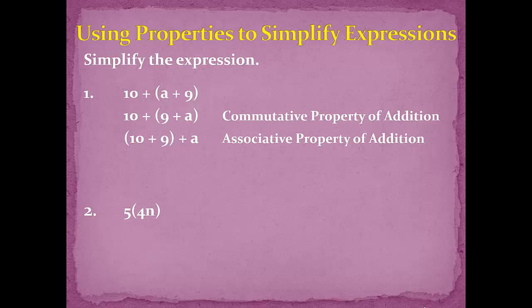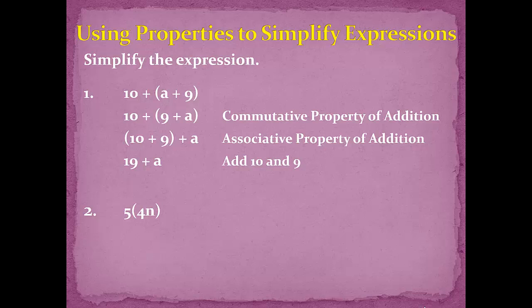So instead of adding 9 plus A first, we're now going to add 10 plus 9 first, and then we'll add A. And now we can go ahead and add 10 plus 9, which is 19, so our answer is 19 plus A. We cannot simplify this anymore because we don't know what A equals, so this would be our answer.